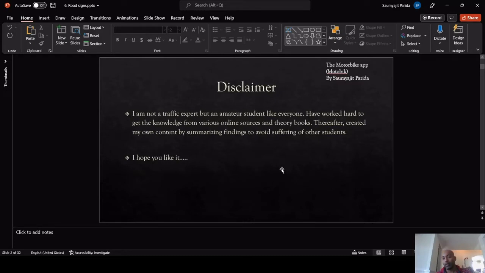I am not an expert, but I have gathered all the information from various sources and am presenting my notes, so that everyone knows what to do and what not to do, because spending a lot of time reading the theories is time consuming and maybe sometimes confusing for many.